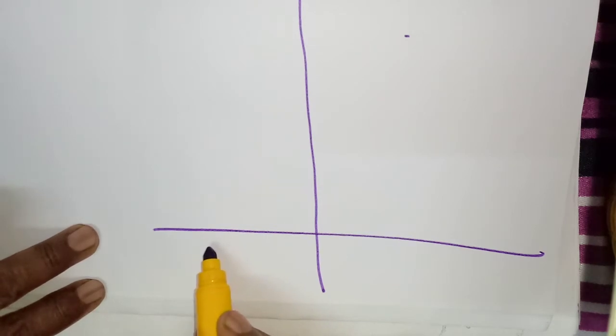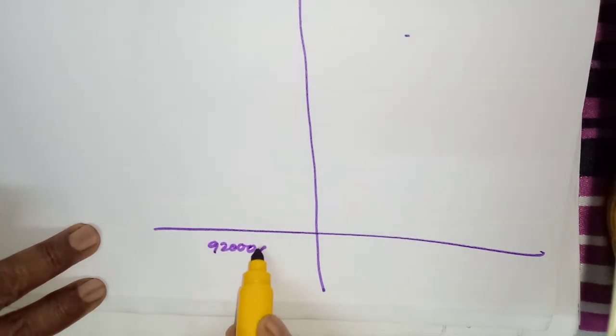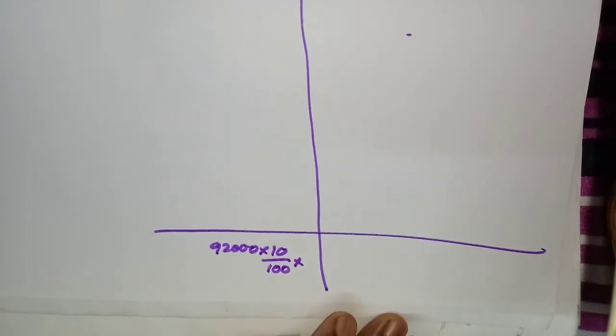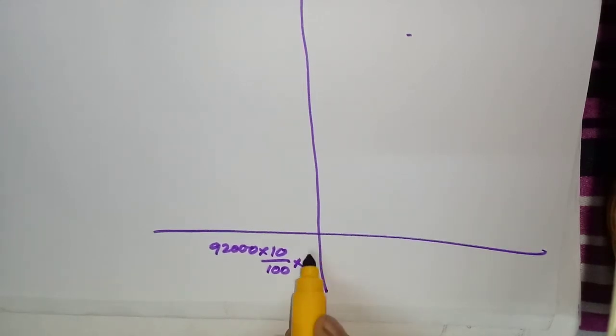They have purchased on 1st April, isn't it? 92,000 at the rate of 10/100 into, for how many months do we need to calculate? From April to December, so 9 months, 9/12. Simplify.